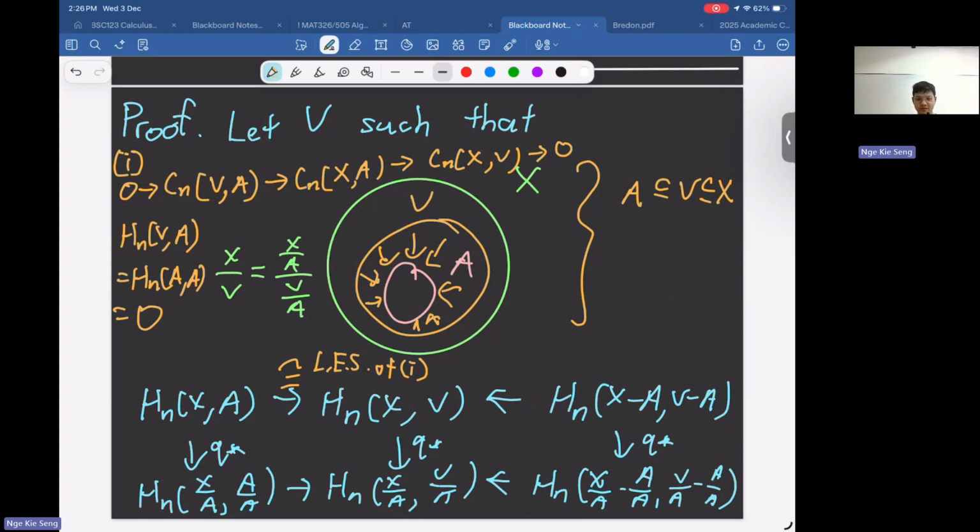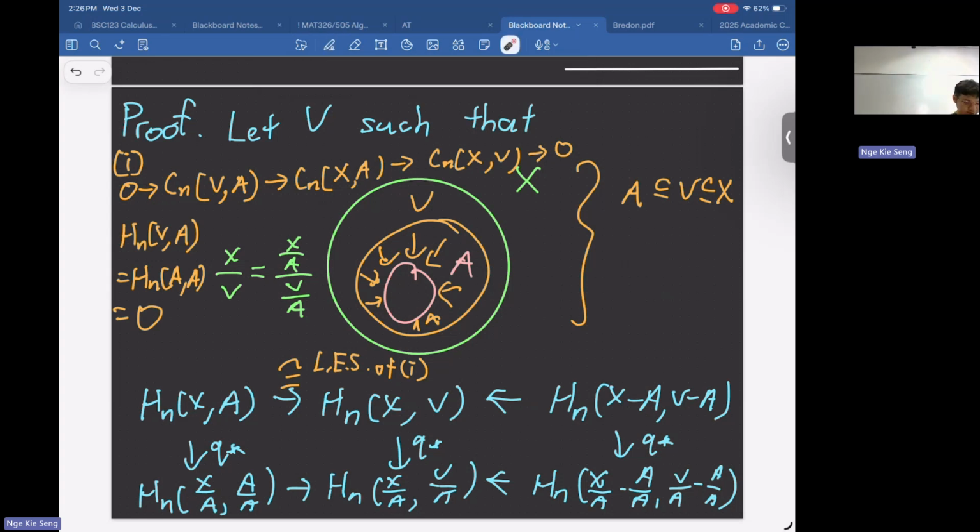Or which one is easier? Which arrow do you want to look at? Okay, top right. So look at this, right? This one. What is this? This is coming from excision, right?